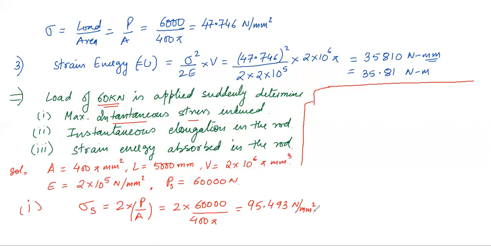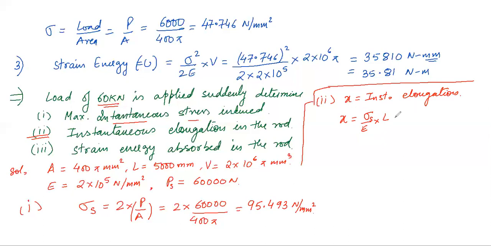Now the second part that we are going to see is the instantaneous elongation in the rod, right? So let's suppose x is defined as the instantaneous elongation. Then x is sigma by E into L. The value of sigma is the instantaneous stress, and on the basis of instantaneous stress we get the instantaneous elongation.